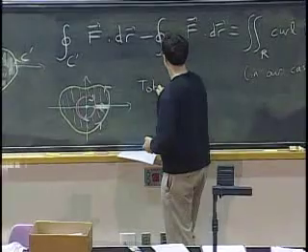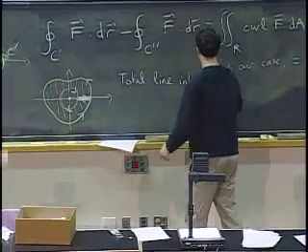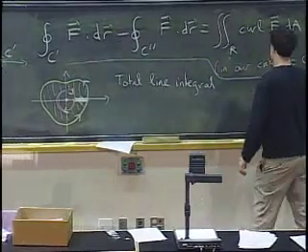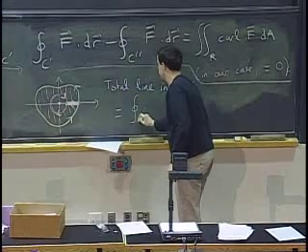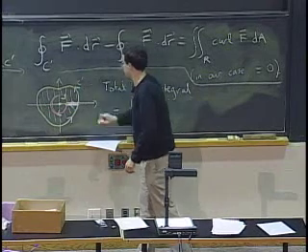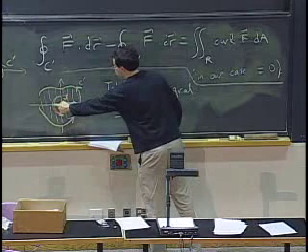And so the total line integral for this thing is equal to the integral along C prime, I guess the outer one. Then I need to also have what I do along the inner side.